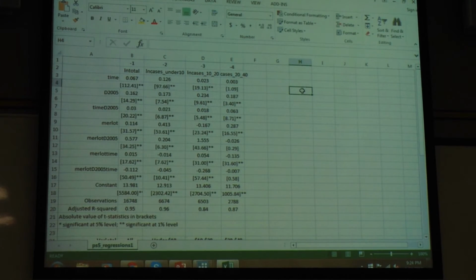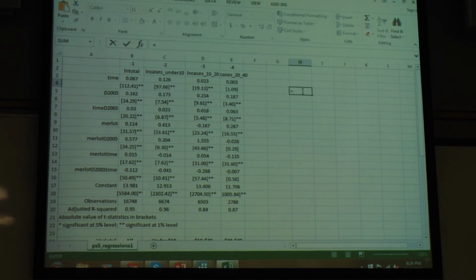Okay, so let's try this. What is the growth rate? We got treatment and control group. Let's go back a second. So let's say before, after. Let's call this Cab. Let's call this Merlot.